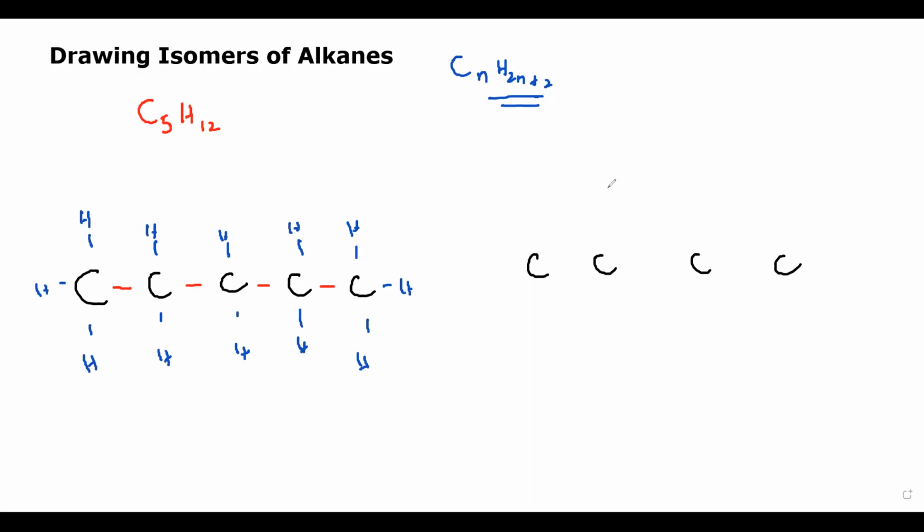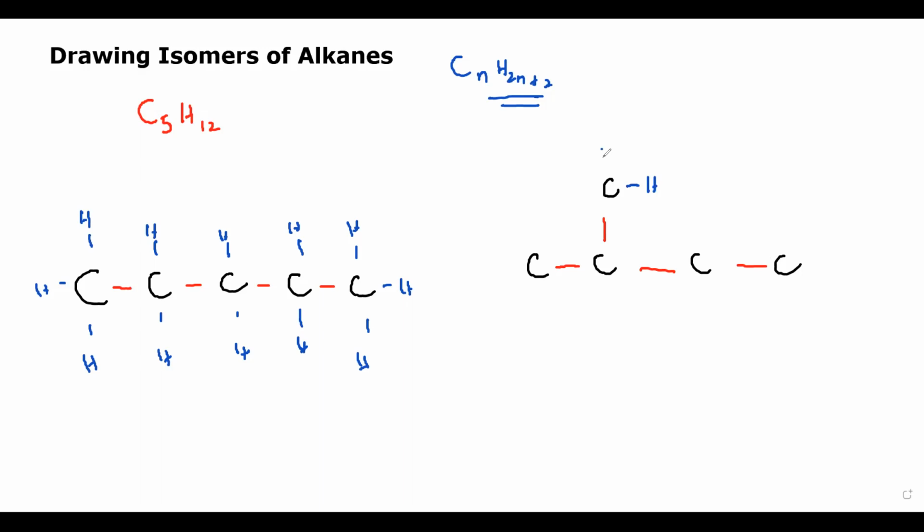So 4 carbons, then I put one more carbon to make it 5, and link them together by single bonds, because it's an alkane. Then we draw the remaining hydrogens.